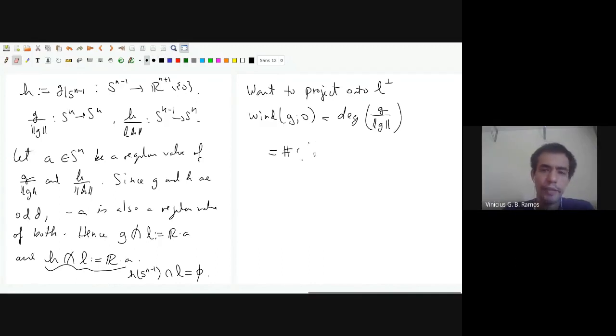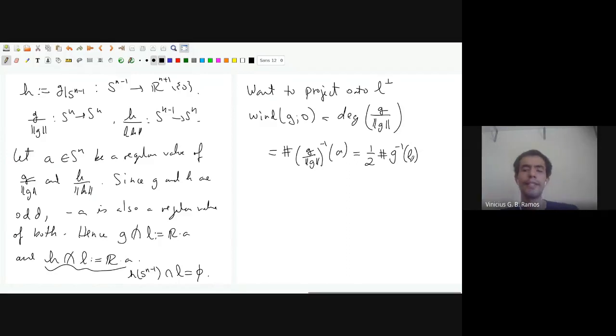I chose A to be a regular value also of G over norm of G, so I can look at the pre-image of A. I'm just looking at the number, because everything is in Z mod 2, so I don't need to worry about signs. And now, because G is odd, this is just going to be 1/2 of the number of points of the pre-image of L by G.